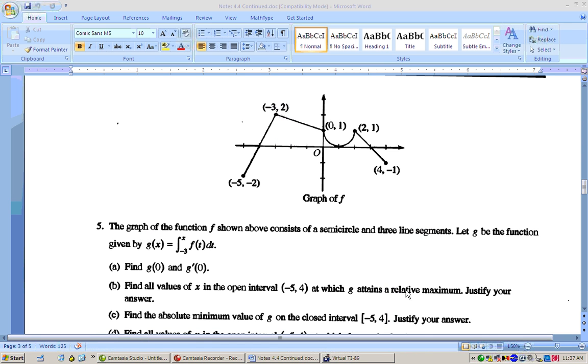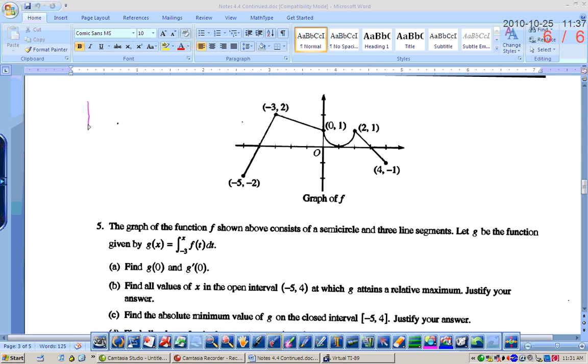All right, and I'm looking for an absolute minimum of g, so I'm going to be doing x and g of x. Where does the relative minimum of g occur? -4, right. x equals -4.